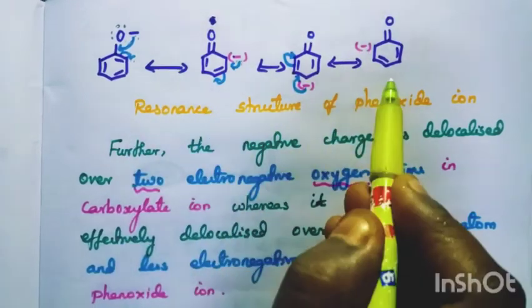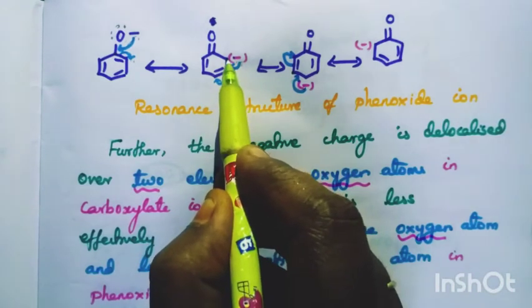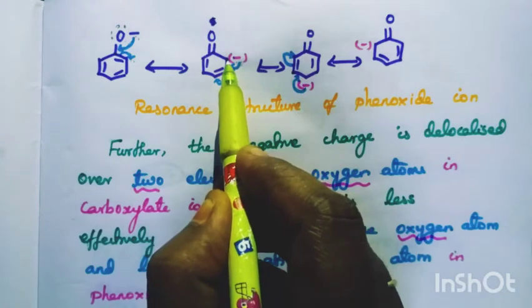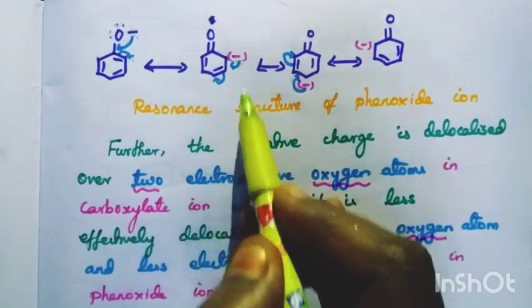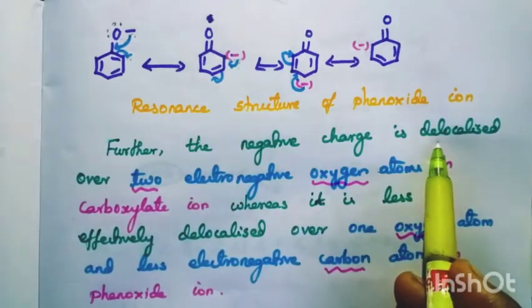See all these. The minus is present on the carbon. In acids it is present on oxygen; in phenols it is present on carbon. Further, the negative charge is delocalized.